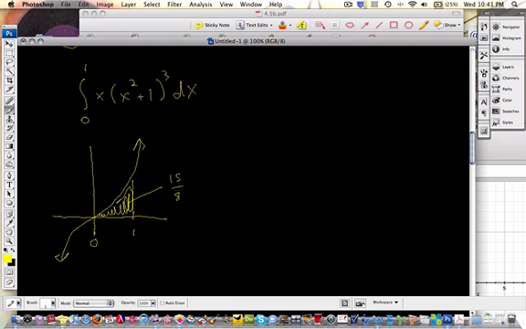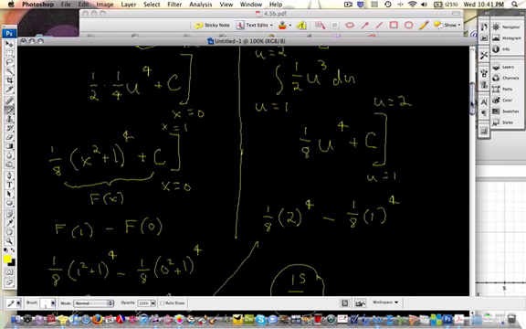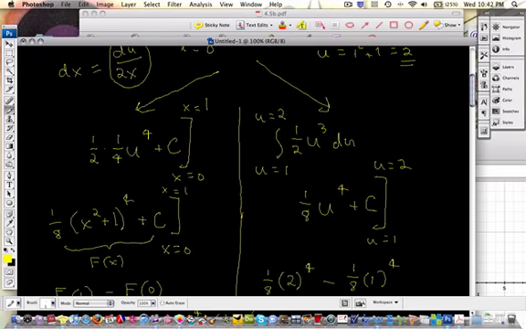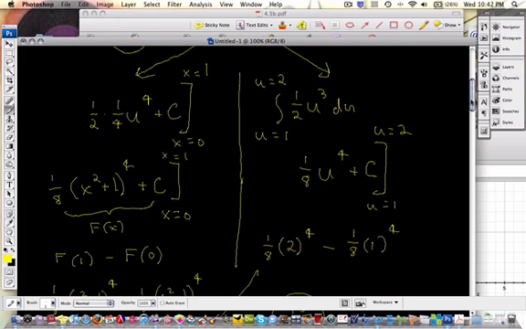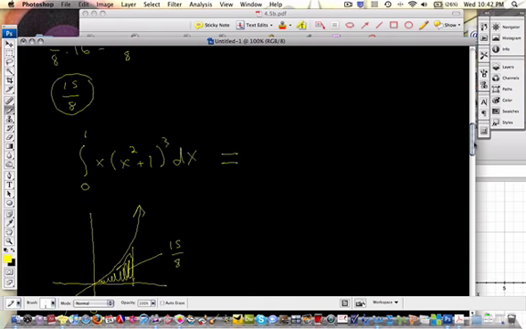Now the interesting thing is that this integral that we saw was actually equal to another definite integral. This one here: the definite integral of 1/2 u cubed du from u equals 1 to 2. So I'm going to write that down. These two are equal.